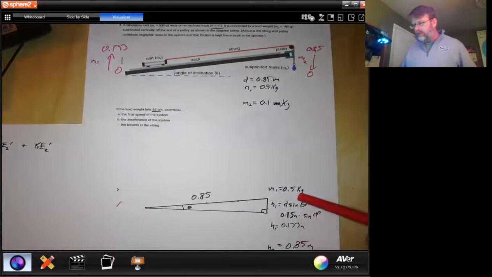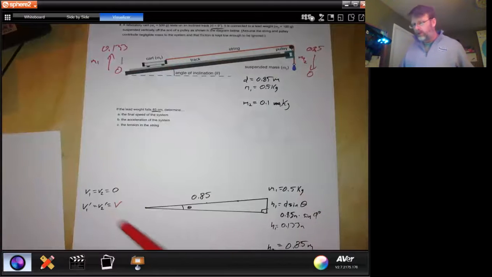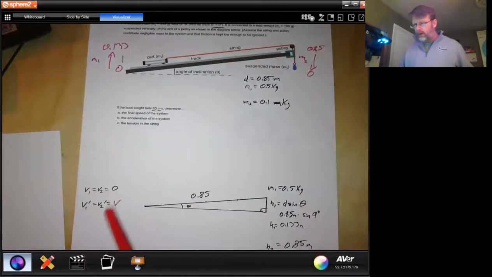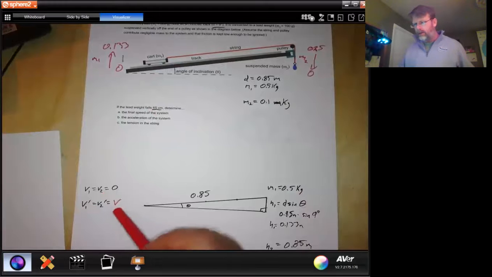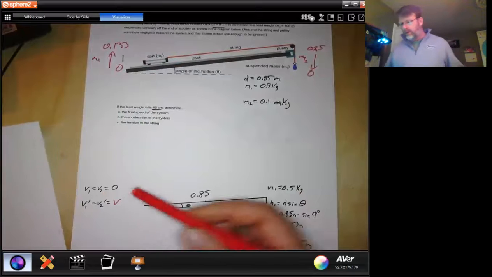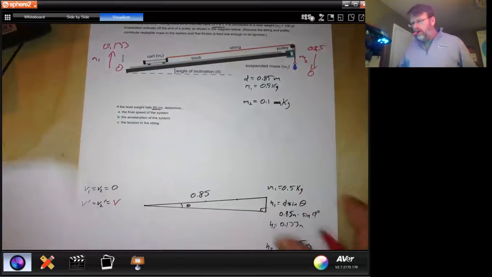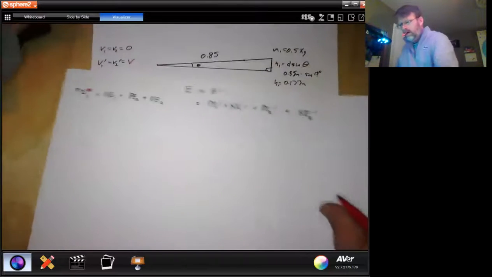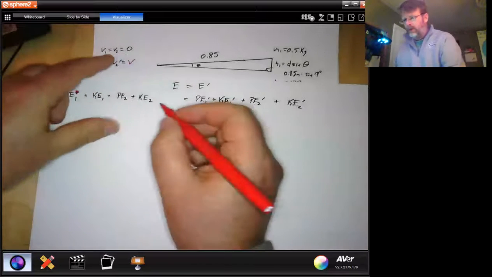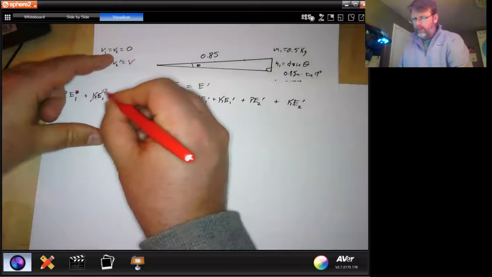We have our masses. Let's also remember both cars start at rest, and they're tied together. What we're trying to find is the final speed of the two objects tied together. We know both objects started at rest.